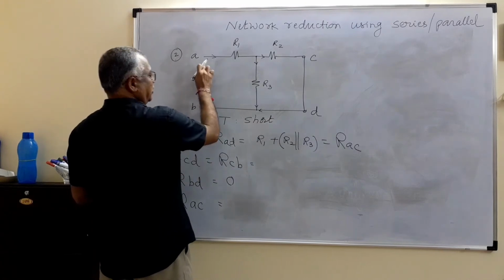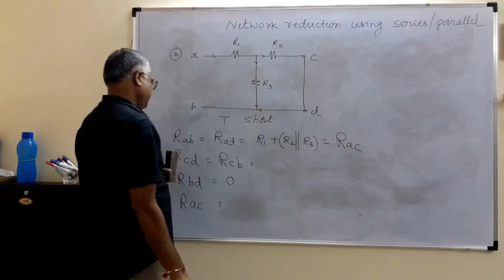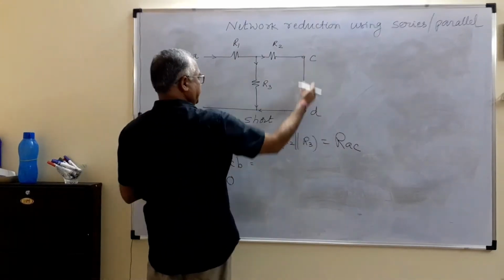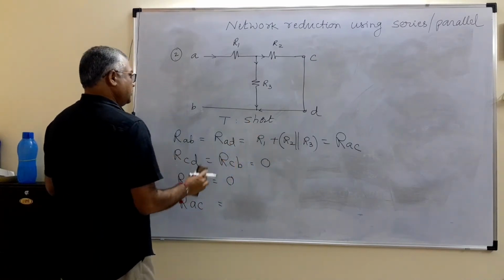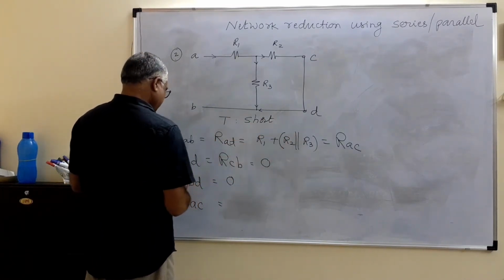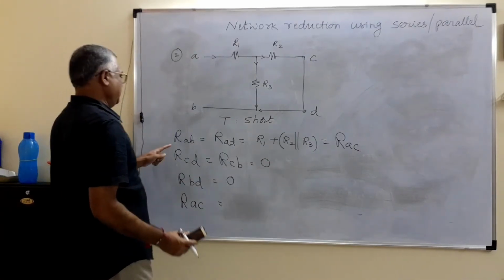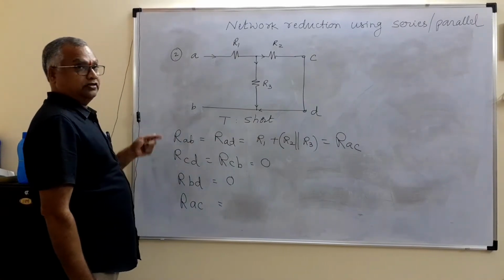RAB, RAD, RAC, the answer is the same. Then what is RCD? CD is short circuited, so that is anyway 0. RBD is also 0. RAC is also 0. So we can answer effectively only this.